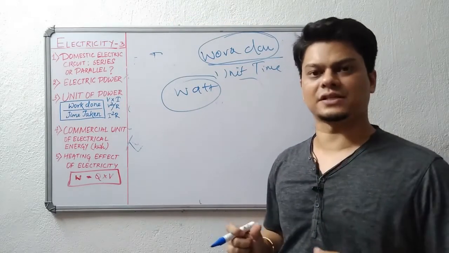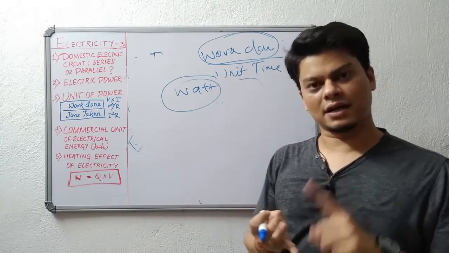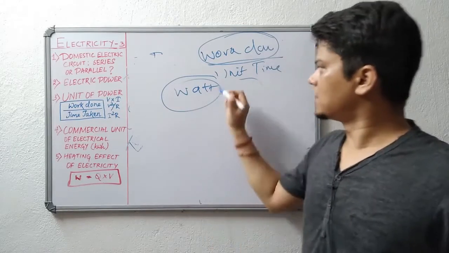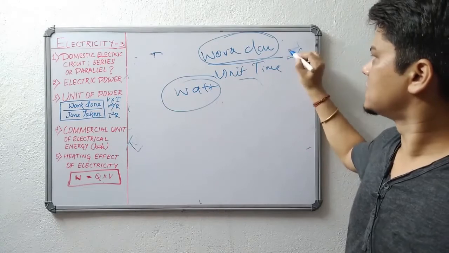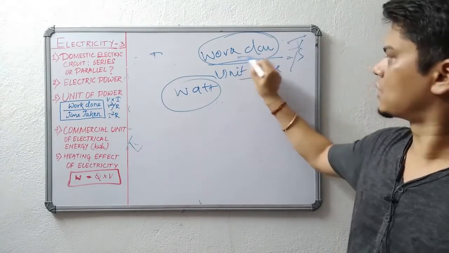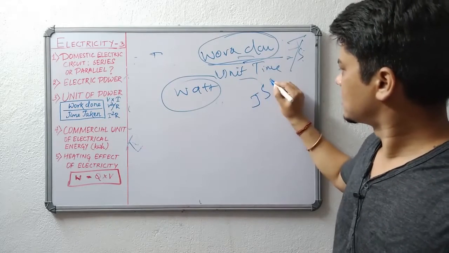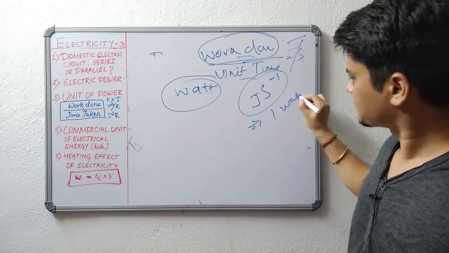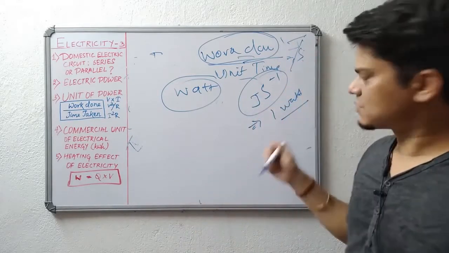There will be specifications like voltage rating, current rating, and how much power. We know unit time is per second, so work done is in joules per second. Joules per second is equal to watt. So 1 joule per 1 second is 1 watt.